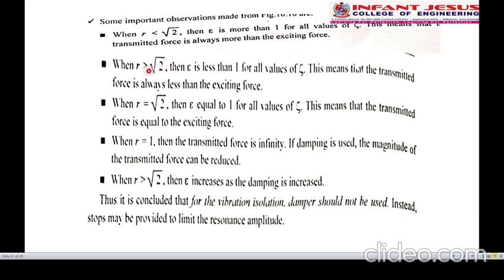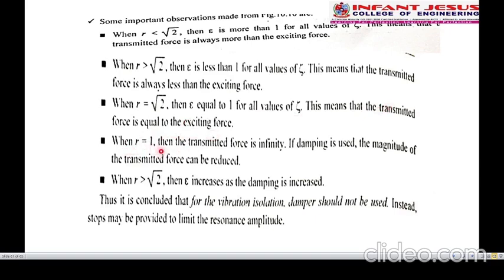When r is greater than root 2, eta is less than 1, and that means the transmitted force is always less than the exciting force. When r is equal to root 2, eta is equal to 1 for all values of zeta. That means the transmitted force is equal to the exciting force.